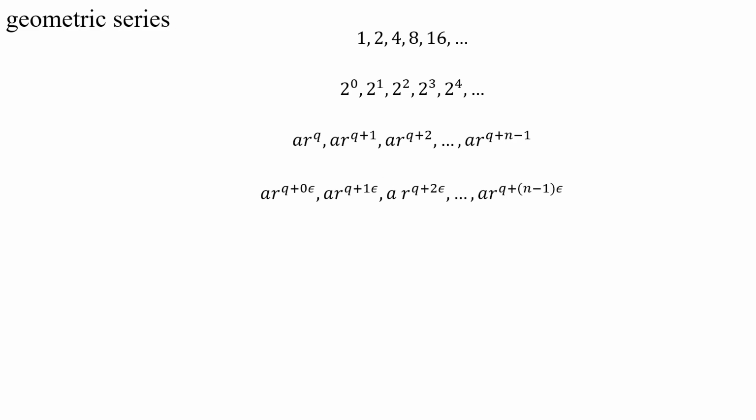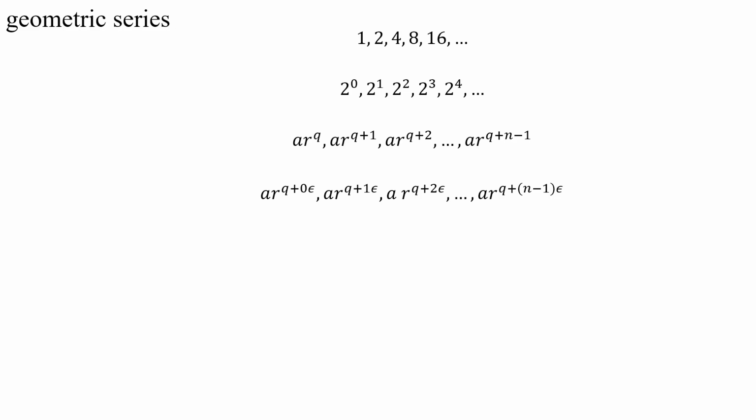We can continue to generalize this, where the step size is epsilon, and we increase by multiples of epsilon. In the example, we were increasing by 1 in the exponent, but we could increase by any fixed interval, and we would call that fixed interval epsilon.